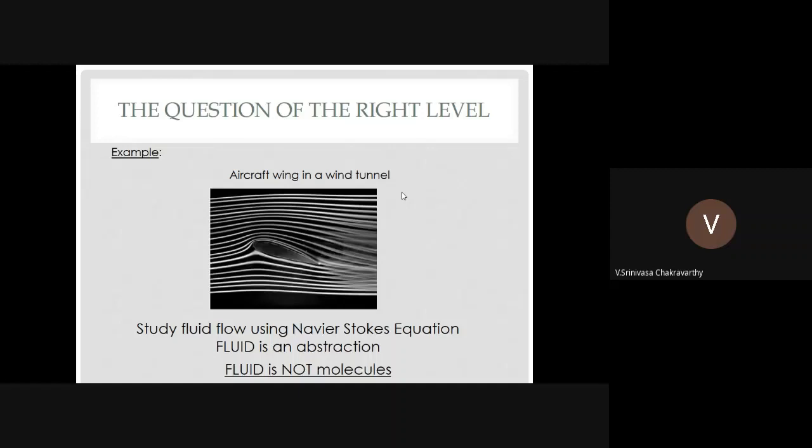We just look at the wind as a fluid, write down the Navier-Stokes equation, and calculate the pressures and stresses and shearing forces and all that stuff. But then what is this thing called fluid? Fluid is not molecules. Fluid has molecules in it, but when we mathematically talk about fluid, we talk about a fluid element of infinitesimal volume, like dx dy dz.